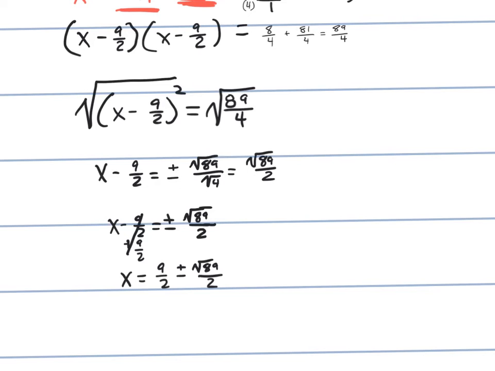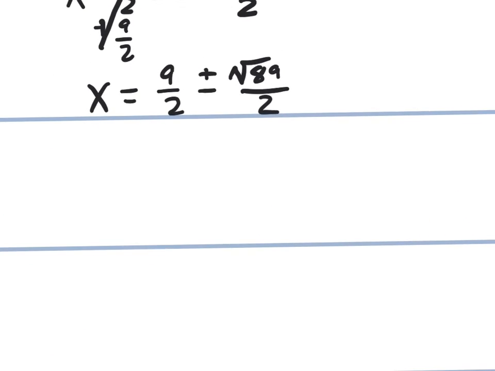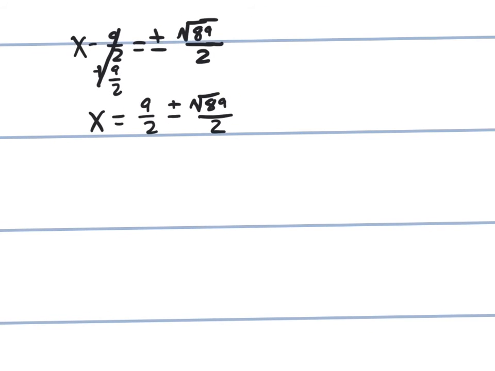Now, you might be like, we are done, except not really. There's something about those two things that makes me feel like there's still something to be done with them. They have the same denominator, so let's write them with the same denominator. 9 plus or minus the square root of 89 over 2. They're both over 2, so they can be combined. Yes, you have to do that.